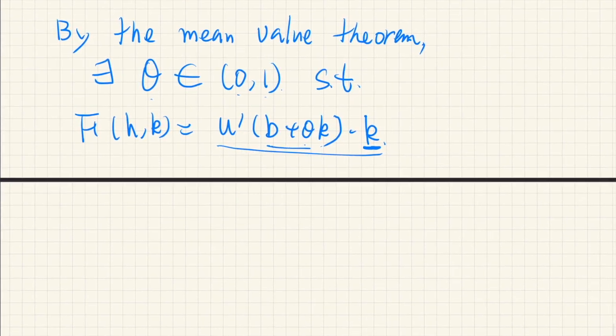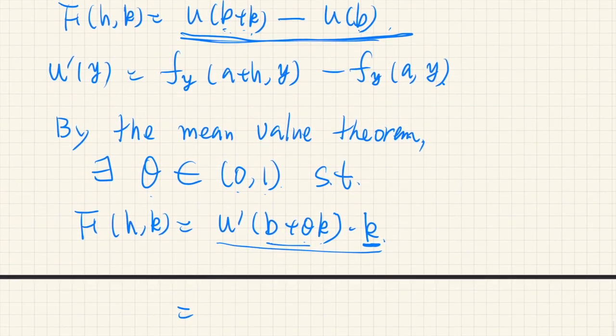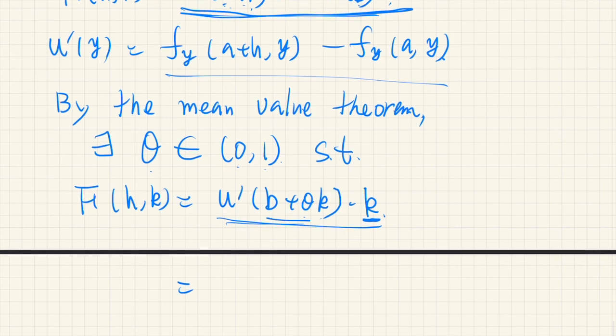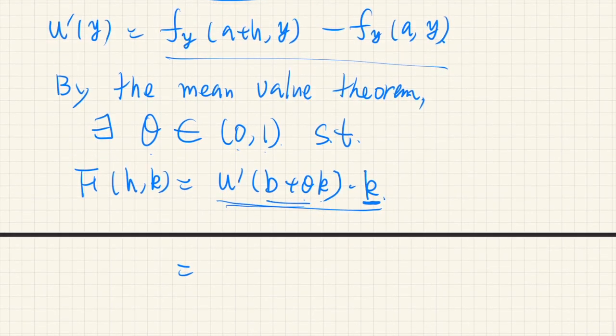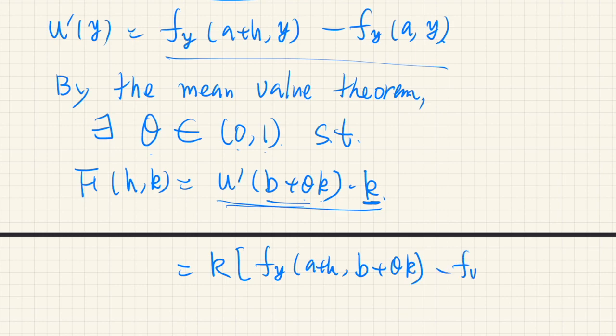If we substitute this, we have k times fy of a plus h, b plus theta k, minus fy of a, b plus theta k.